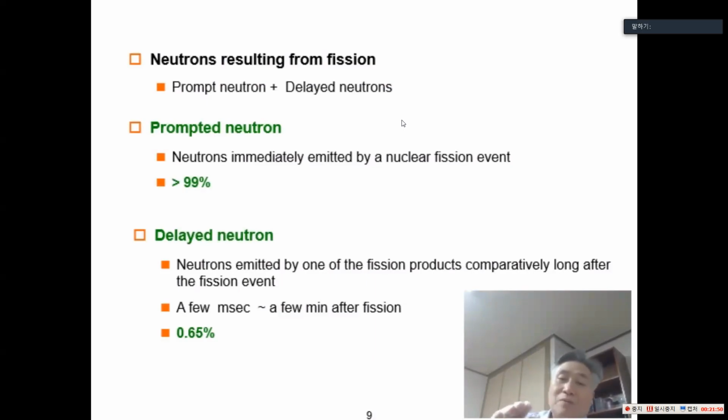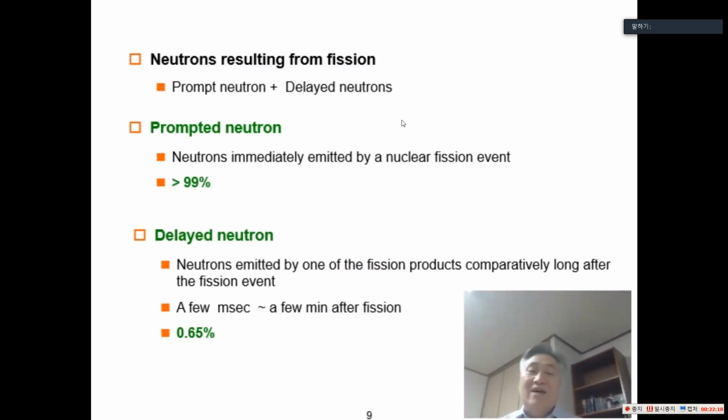For example, when we undergo fission, 3 neutrons appear, and these neutrons undergo fission again, and again 3 neutrons appear, then it becomes 9. These 9 neutrons undergo fission again, and 27 neutrons appear. In this way, they undergo chain reaction.